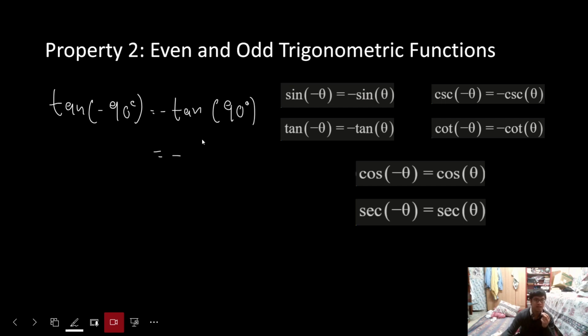Let's take a look. Remember that tangent is the same as sine of 90 degrees all over cosine of 90 degrees. Sine of 90 degrees is 1, all over cosine of 90 degrees, which is 0. Since we have a denominator of 0, that results in an undefined answer. The answer here is undefined.